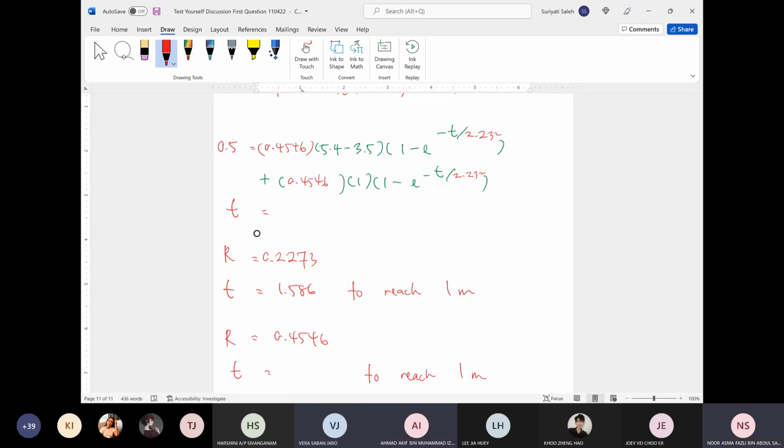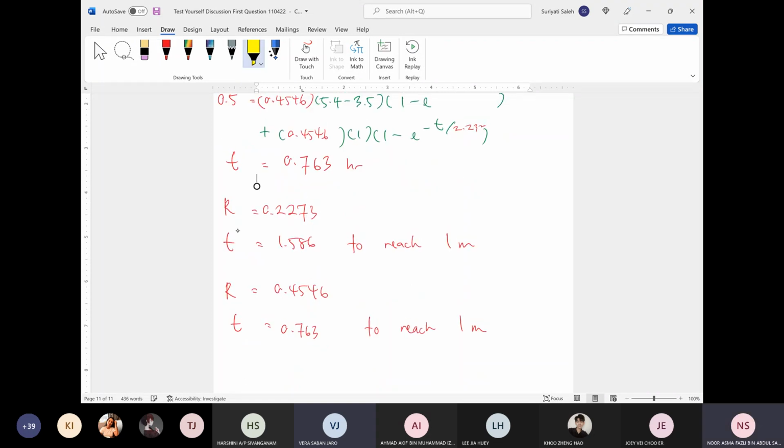0.763. Okay, thank you very much for your response, 0.763. So this means if we compare, original R equal to 0.2273, the time needed is 1.586 to reach 1 meter. When I double the R value, the time is shortened to 0.763 only to reach 1 meter.